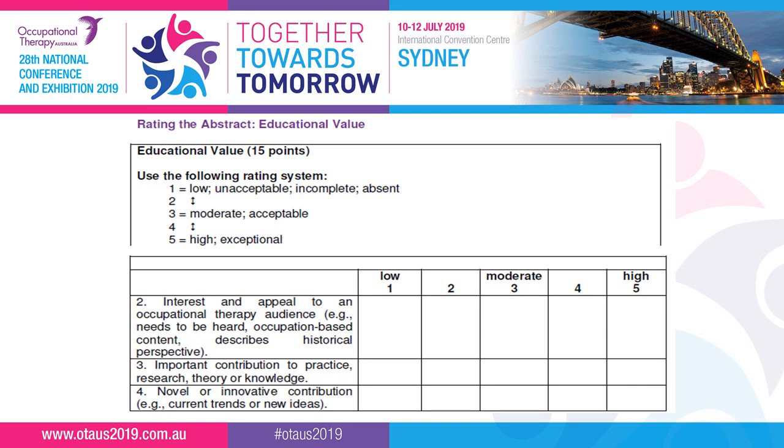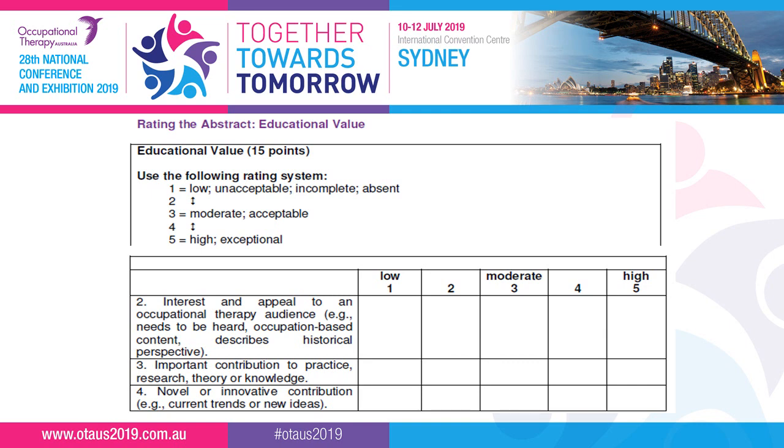And so we need to think about how this will be of interest and be informative to occupational therapists who are attending the conference. Then we rate whether it's an important contribution to practice, research, theory, or knowledge. So that's really about the rigor of the science or the approach, and that people will gain important information from the information that's associated with the abstract.